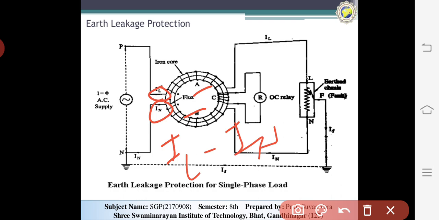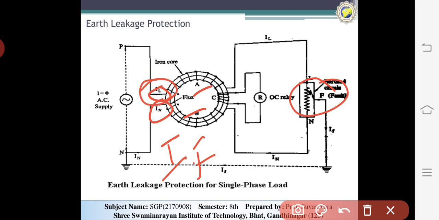Now consider the faulty condition. The fault current IF flows through the earth conductor as leakage current, so the current IL is more than IN by the amount of IF.